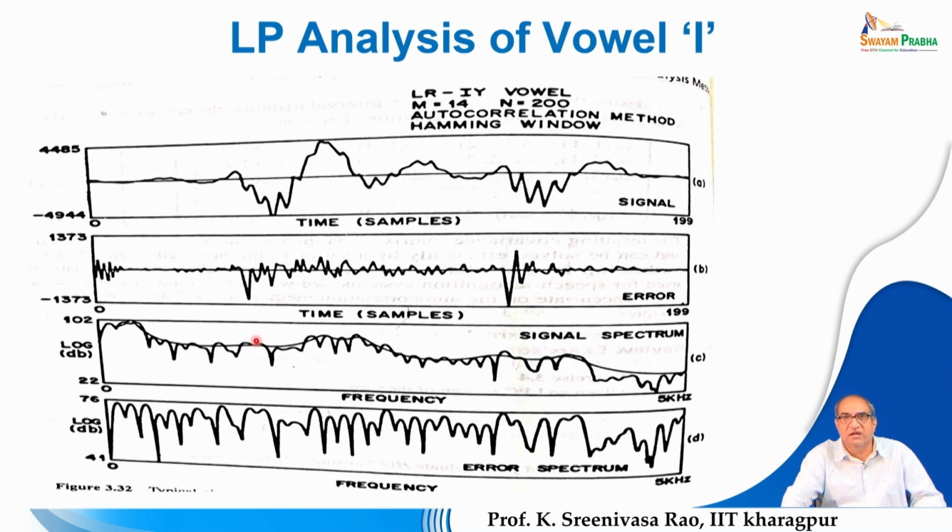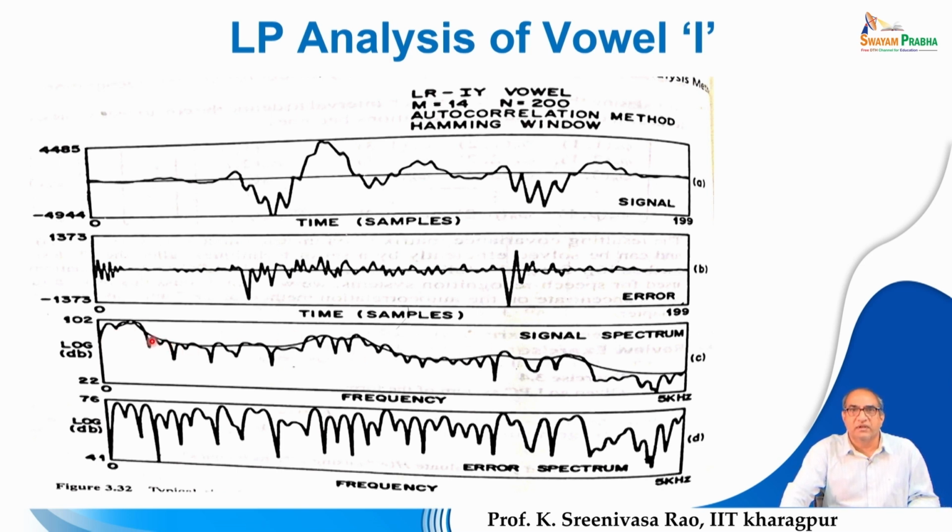the spectrum of that will be a smooth spectrum, a smooth plot which is superimposed on this rippled waveform. The rippled waveform is the actual spectrum offered by the FFT on the signal, and the smooth one superimposed on that is the LP spectrum.